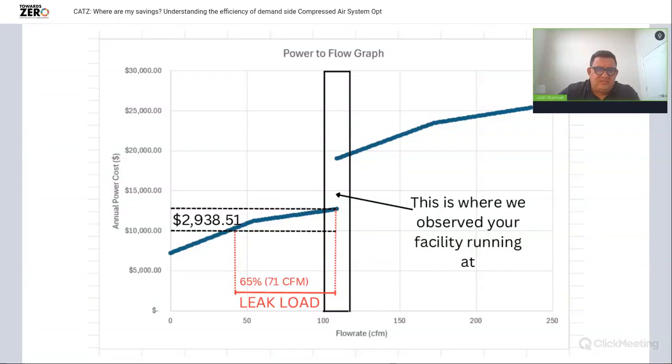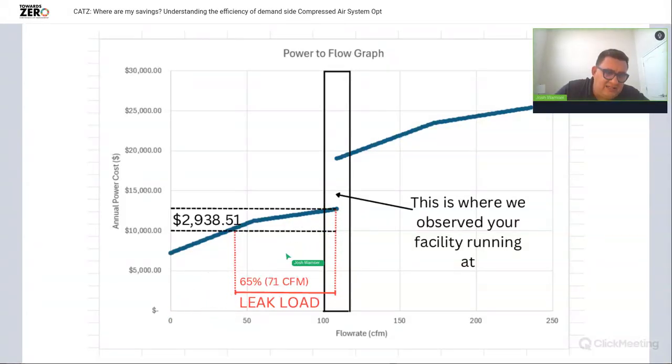So, like we said, I'm going to use the pointer now. If we are operating at 109 CFM here, and we reduce 71 CFM, we do not go directly towards zero.